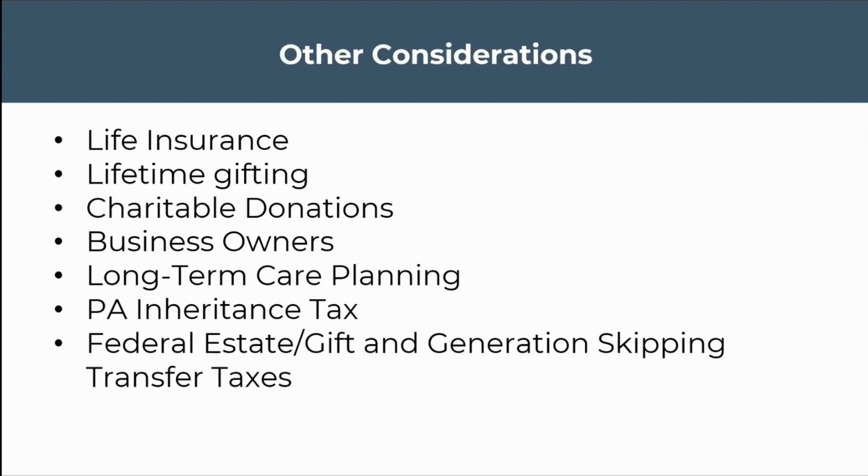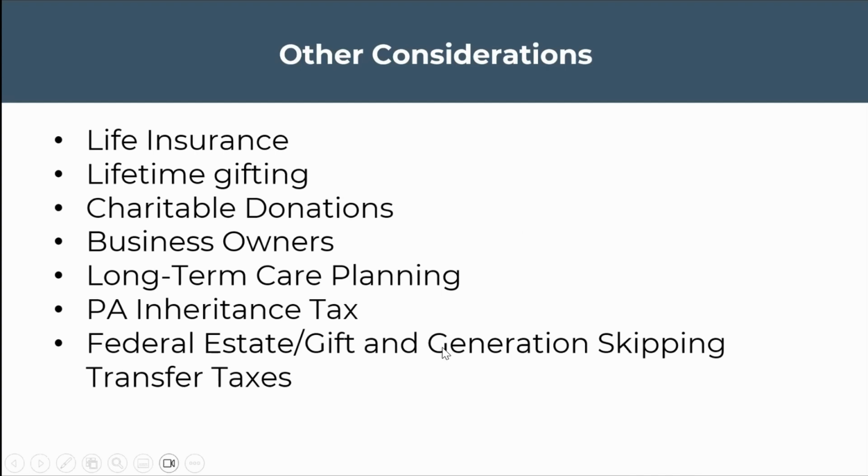They run parallel to each other, but if you give more than $13.61 million to any generation and skip that generation to go to the next one, you could end up paying federal estate tax and generation skipping transfer tax for a whopping total of 80%. And then you add on top of that Pennsylvania inheritance tax, to a lineal descendant, you're approaching 85% almost in death taxes. So it's something you have to be very careful of.